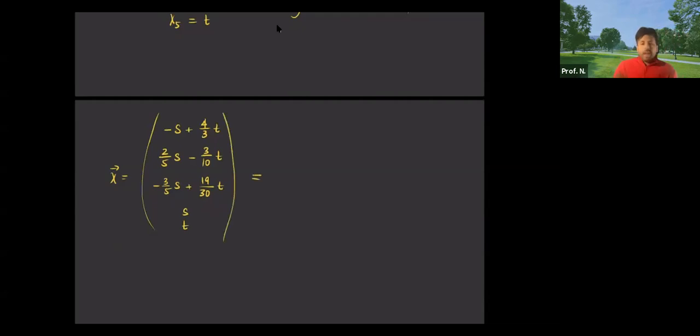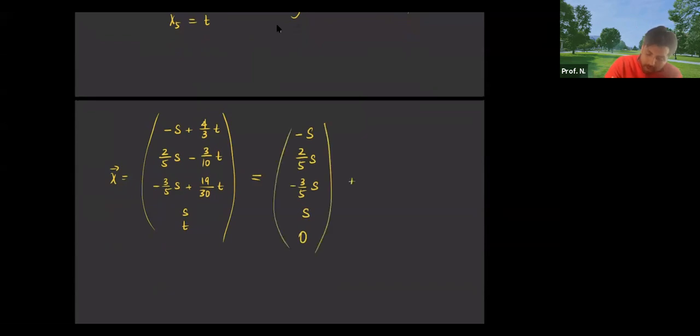But as you can tell, I can separate this as a sum of two vectors, where one vector includes only the S's, and the other vector has only T's in them. So this becomes negative S, 2/5 S, negative 3/5 S, S, 0.